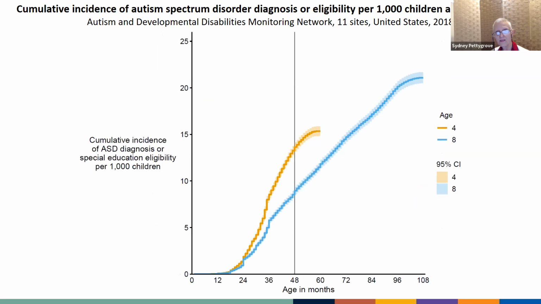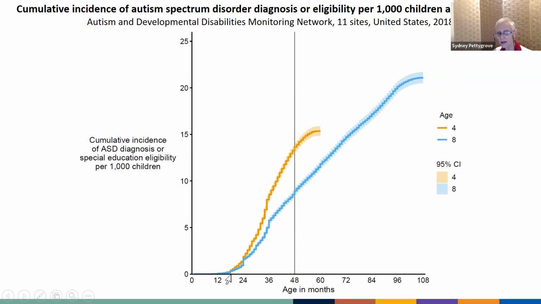So this is kind of an interesting graph. I really like it. It's a little difficult to explain, I think, but we look at all the children, the 8-year-olds in our system, and we look for their first diagnosis or special education eligibility.